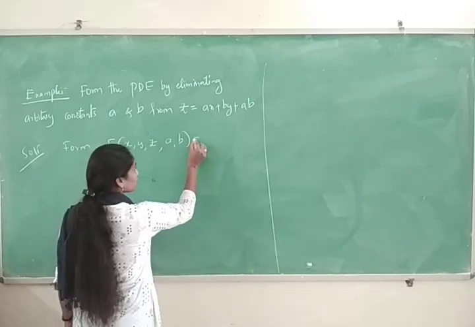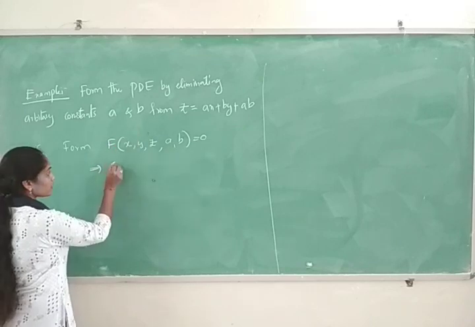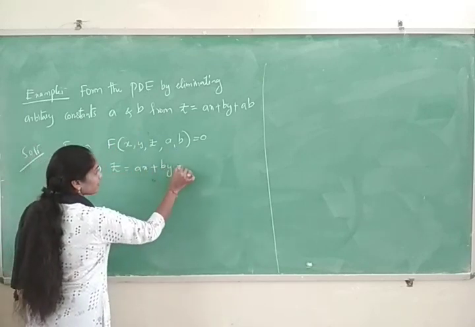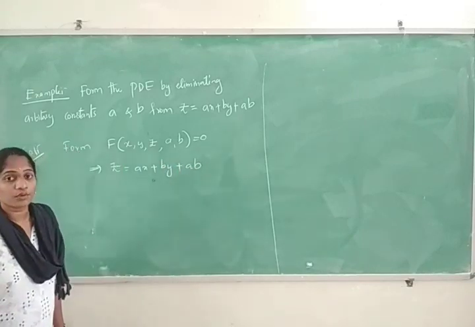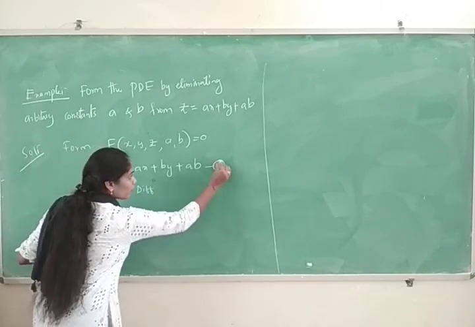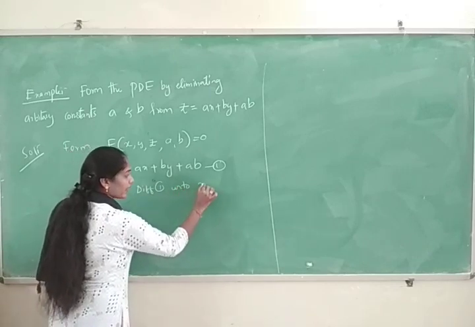The given equation is z is equals to ax plus by plus ab, equation 1. Now you have to differentiate equation 1 partially with respect to x and y.